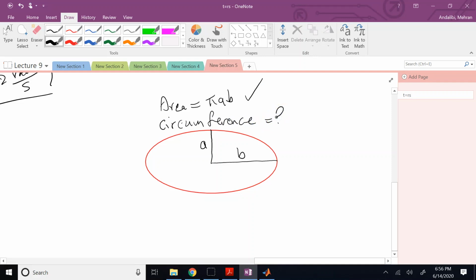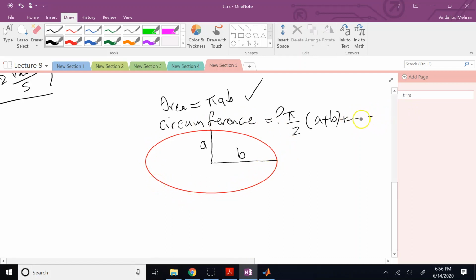And guess what? There is no analytic formula. None. There are infinite series. The solution to this is an infinite series based on something like this. So if you want, you can search it in Wikipedia, but there are infinite number of terms if you want to calculate the exact accurate number.